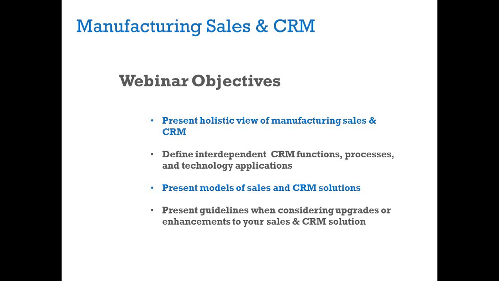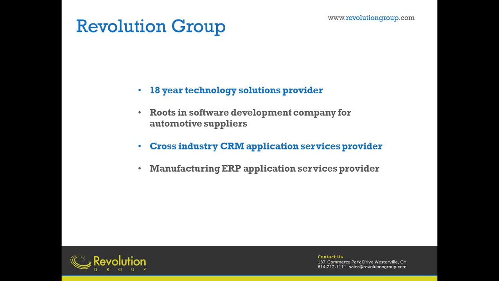And we're going to present some very general guidelines when considering upgrades or enhancements to your sales and CRM operations. Very briefly, Revolution Group, we are an 18-year technology solutions provider. Our roots are in software development for automotive suppliers. We are a customer relationship management application services provider, and we provide CRM solutions across all industries.